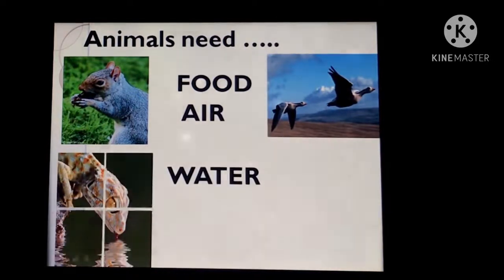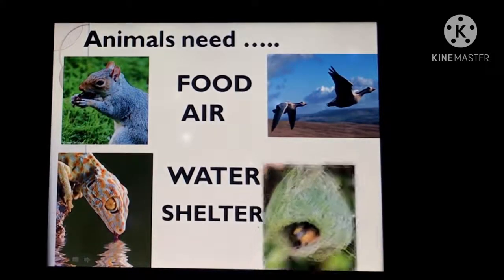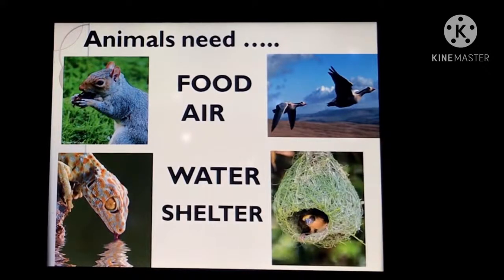Another is the water. And lastly, they also need shelter. They need this for them to stay alive. Human beings, or the people, the plants, as well as the animals, these are all considered living things.